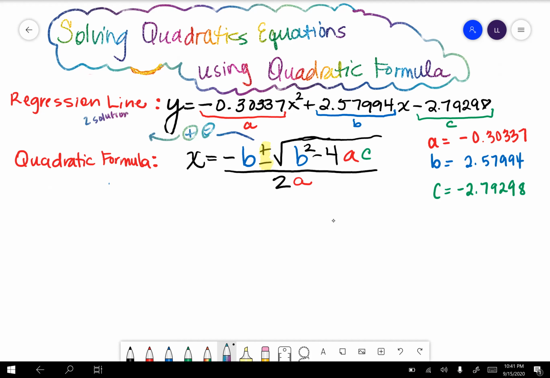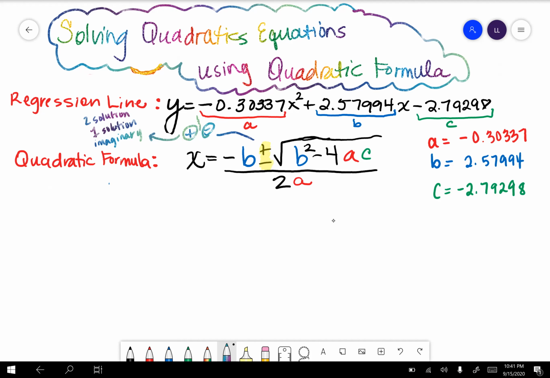Also, one solution is a possibility. Also, no solution is a possibility, and in that case, we normally call those imaginary solutions, no real solutions. So two real solutions, one real solution, or imaginary solutions. Those are the possibilities.